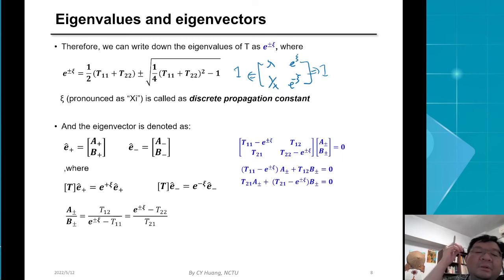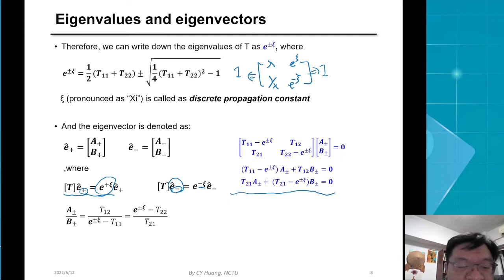Then, with the corresponding eigenvalue, we have the corresponding eigenvector. You will write it down this way: T times the eigenvector denoted plus, corresponding to the eigenvalue exponential plus c. Similarly, for the eigenvalue exponential minus c, we denote the eigenvector with minus as well. If we expand it, we can write that A divided by B has two relations.